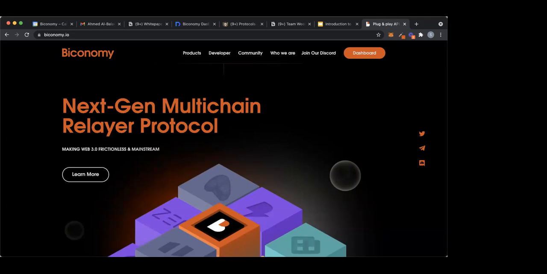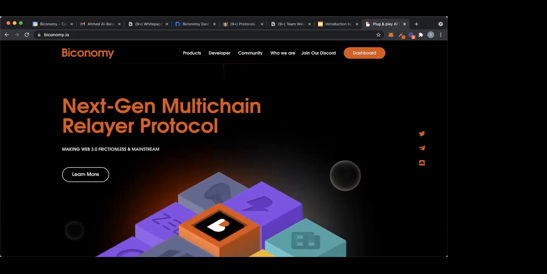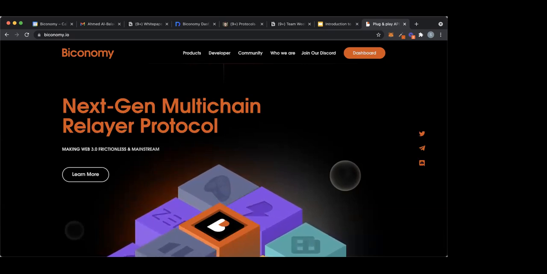Okay, last question here. Is it possible to merge all cryptos like Bitcoin and Ethereum into one? I would not say that would be possible, because Bitcoin is a different blockchain that is running a different set of rules.